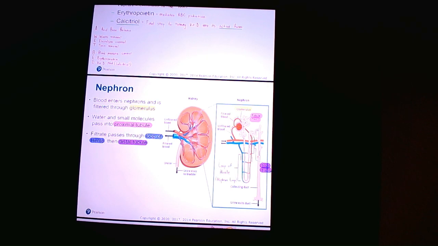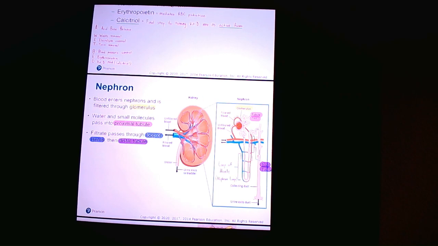And then our distal tubule is everything right here and going on right here before you actually get into the collecting duct. And this goes straight into this right here, and then it goes into the bladder by the ureters, right? So that's the process of urine.